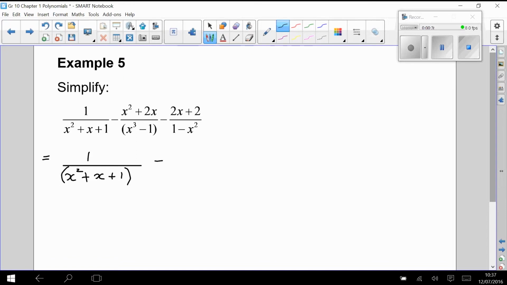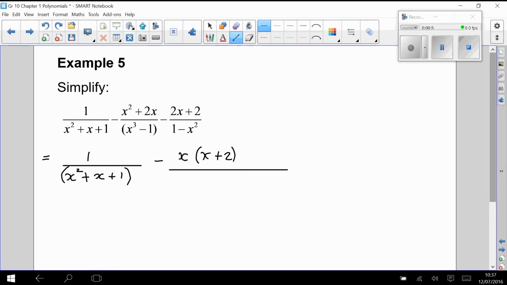In the next example, I have a highest common factor of x that I could take out in the numerator to give me x plus 2, and then factorizing the denominator, I have a difference of cubes. Now, if you remember with the difference of cubes, you cube root the first term, you keep your sign, you cube root the second term.